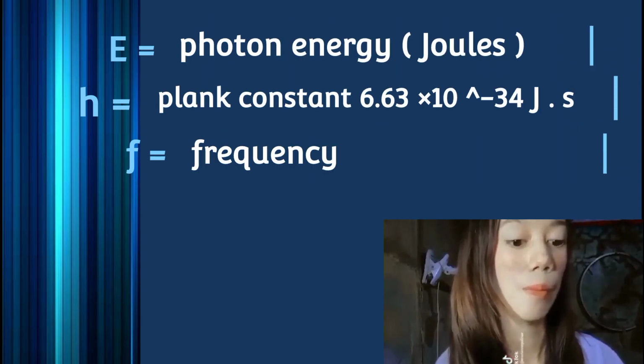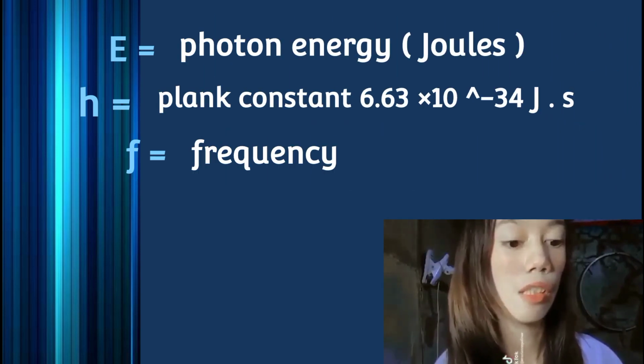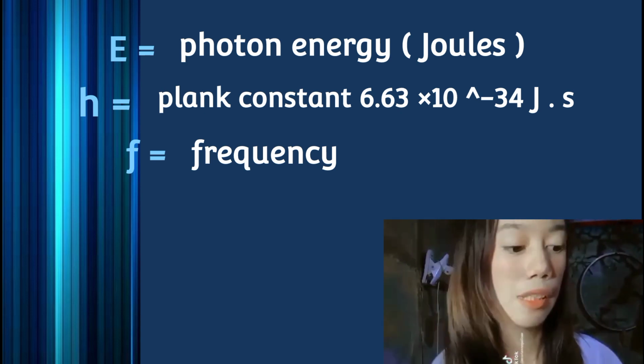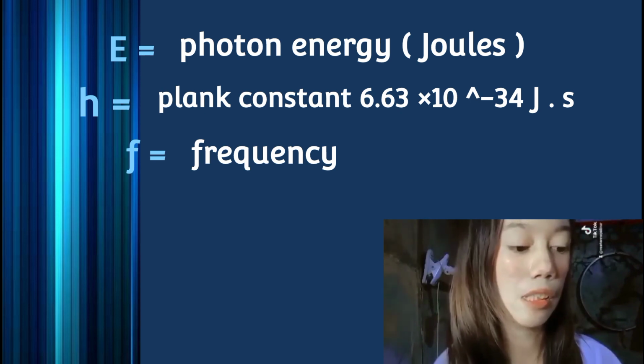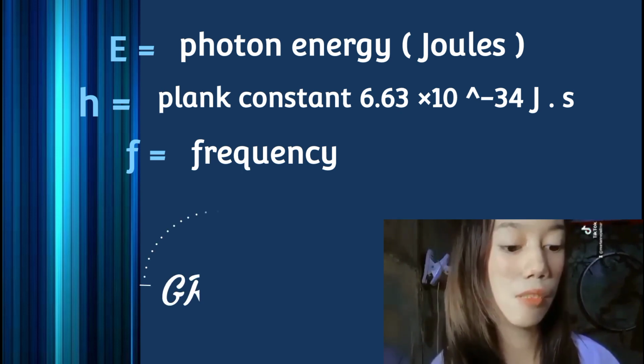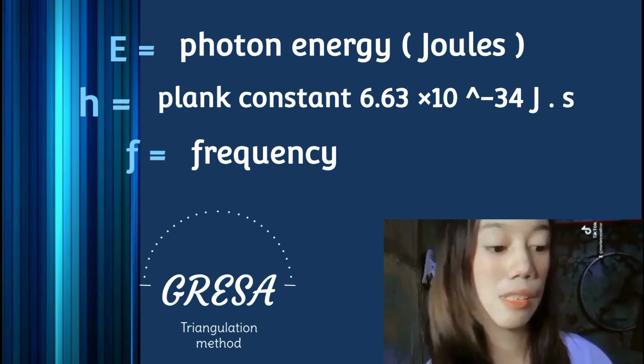Our next equation is still frequency, but with photon energy in joules, J. We are already given Planck's constant, which is 6.63 times 10 to the power of negative 34 joule seconds. Before we proceed to solving this equation, we always need GRESA.